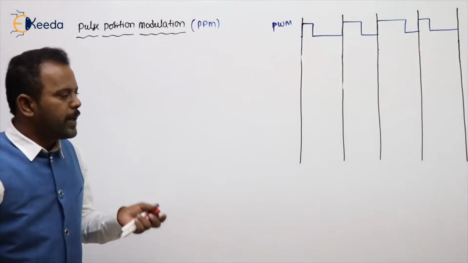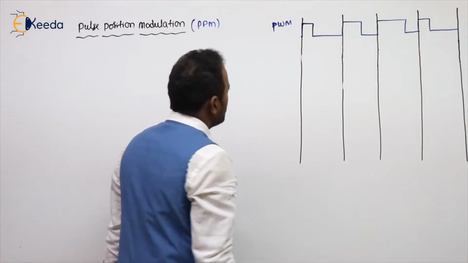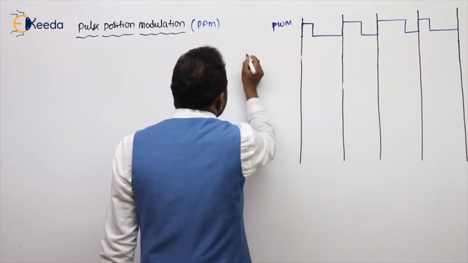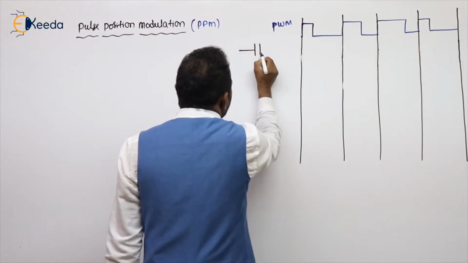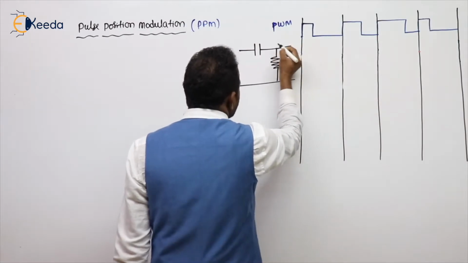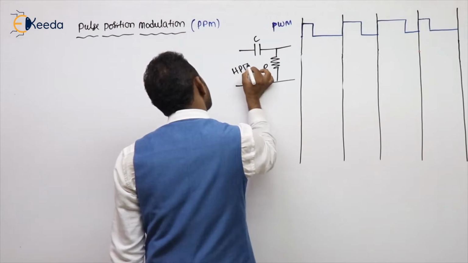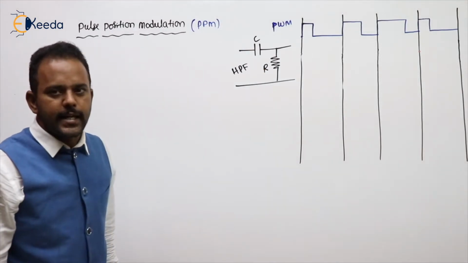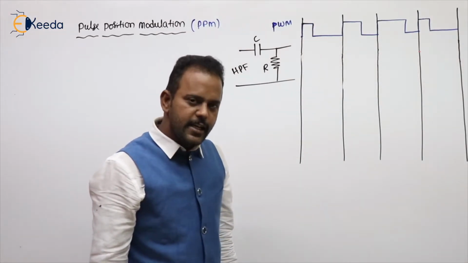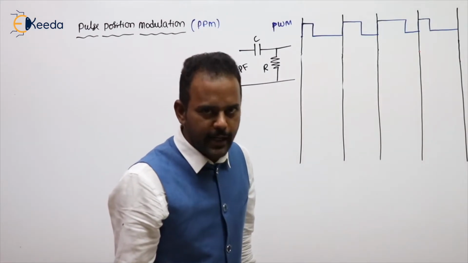First we generated the PWM. How? By using the monostable multivibrator. We already know. Now this is given to the differentiator circuit. Differentiator means just like a high pass filter. If a pulse train, or a step signal variation, is given to the differentiator, differentiation of a step is an impulse signal.